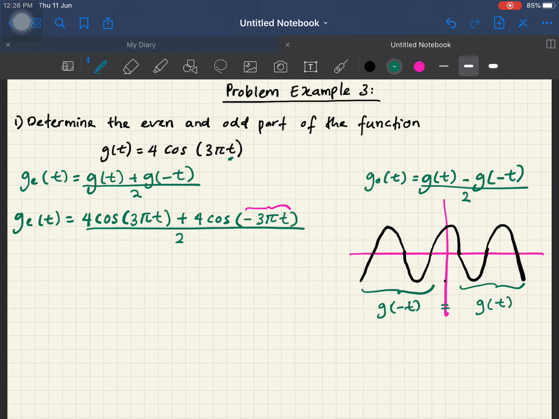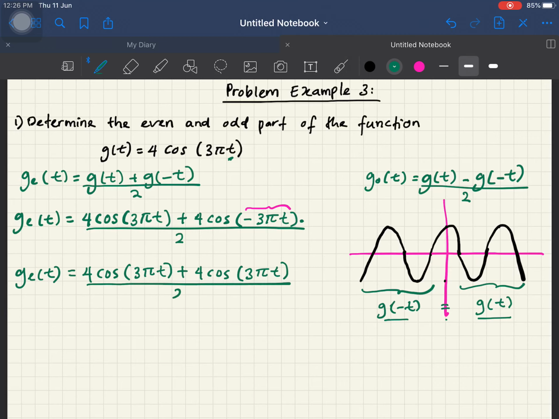So in this case, we can substitute in this equation: g even of t equals 4 cos 3 pi t plus 4 cos 3 pi t, because g of minus t is equal to g of t, over 2.